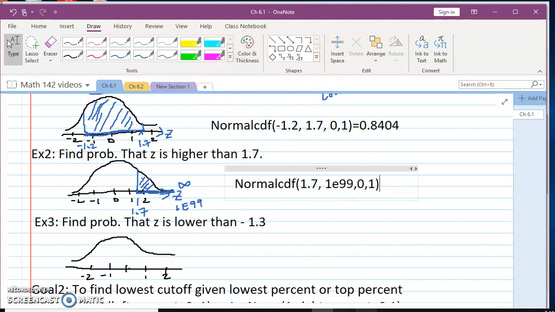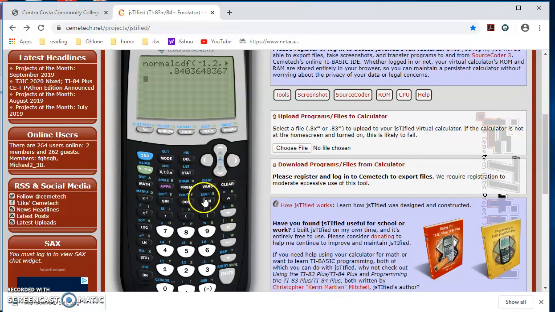So let me show you how to do it in the calculator. Again, clear everything. Second, distribute. The second one is normal CDF. Lower in our case is 1.7. And then our upper is 1, E is second comma, see this double E here is second comma, 99.